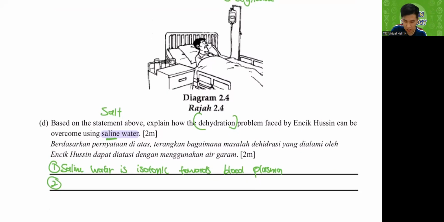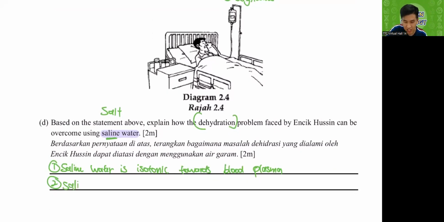Therefore, you can say the saline water, just like the isotonic drink, will replenish his fluid and mineral salts, water and salt, lost in his blood.